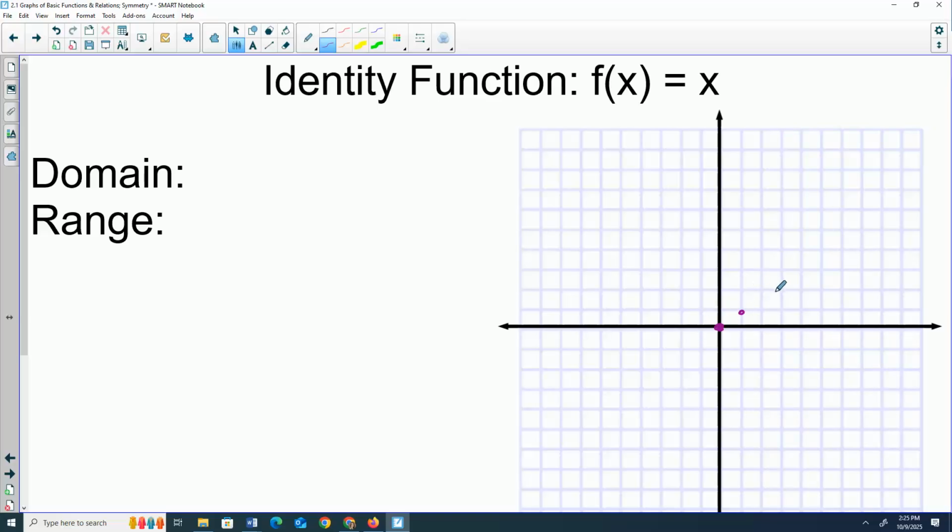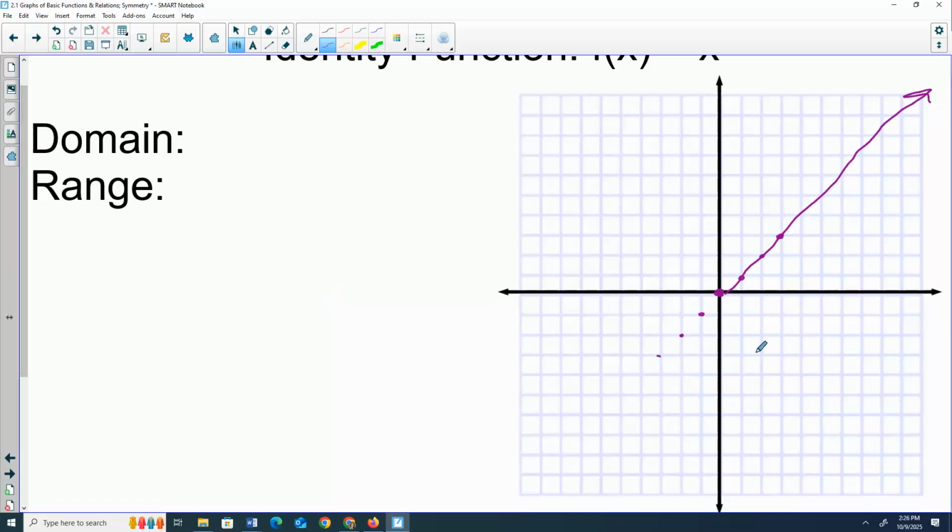So up 1, over 1. What's the domain of that? Okay, positive infinity. What's the range?